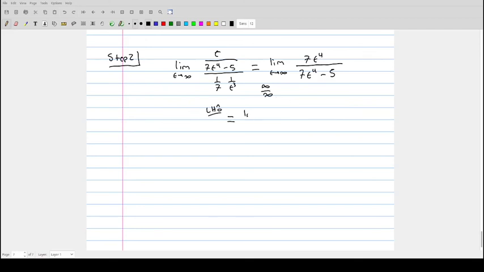So this limit as t goes to infinity is going to be the same thing as 7 times 4, so 28t cubed, over the derivative. The 28t cubed is the derivative of the numerator divided by the derivative of the denominator, which is again going to be 28t cubed.